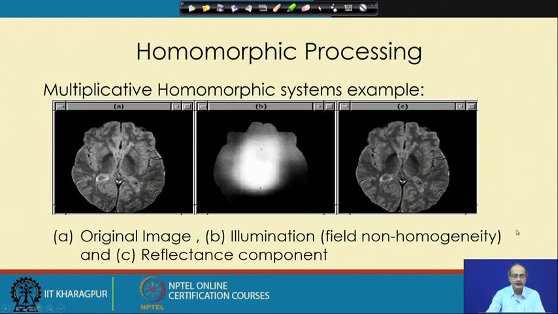Now, here we show one such example in 2D. Here we are showing an MRI image. On the left hand side, we see one original MR image, an image of the brain.